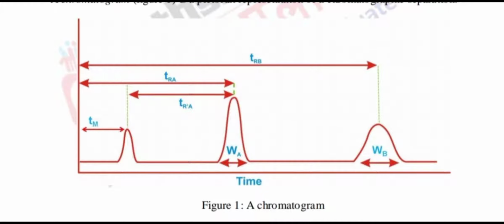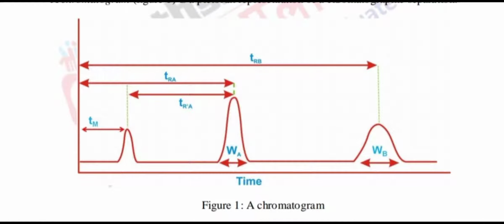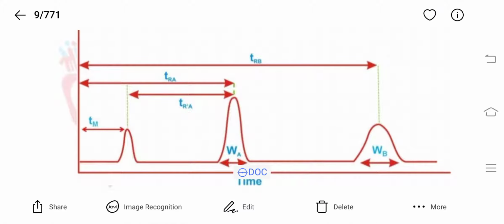As you can see, time is on the x-axis and this one is the y-axis, and on the y-axis is the detector signal. Detector signal means the volt, in increasing order, lesser volt and more volt.